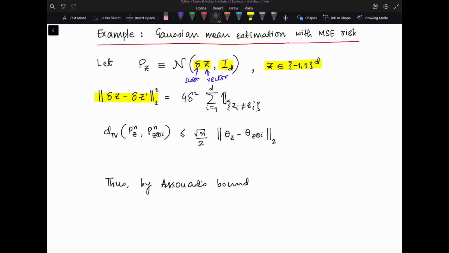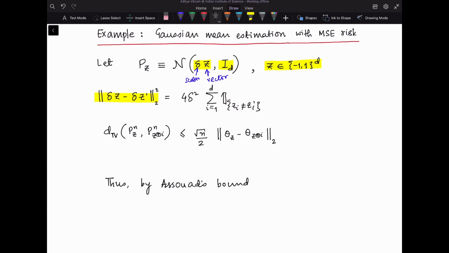This is easy to see. Whenever zi and zi dash match, that particular coordinate will become 0. And if they differ, then that coordinate will become either 2 delta or minus 2 delta, and so when you square it, it would be 4 delta squared.